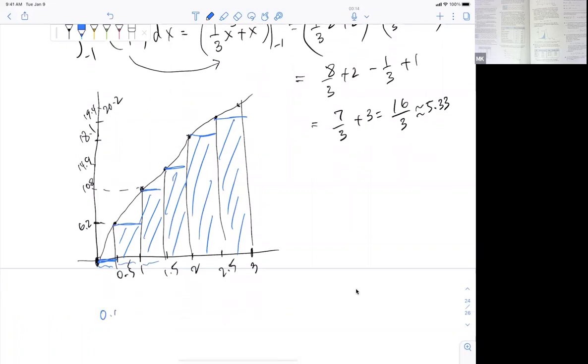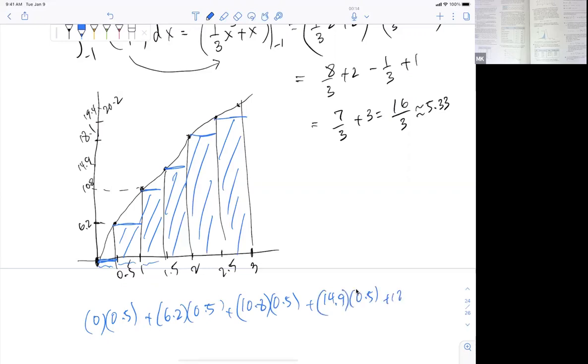And that would be 0 times 0.5, plus 6.2 times 0.5, that would be the second rectangle, plus 10.8 times 0.5, plus 14.9 times 0.5, plus 18.1 times 0.5, and finally the last one, 19.4 times 0.5.